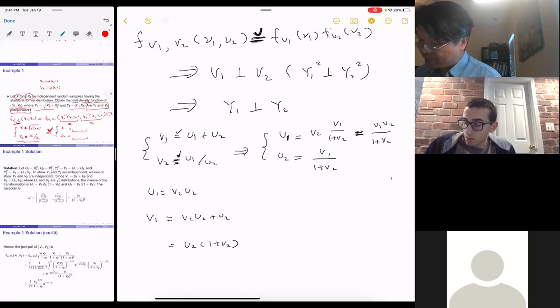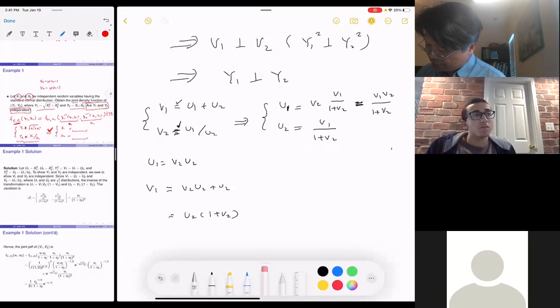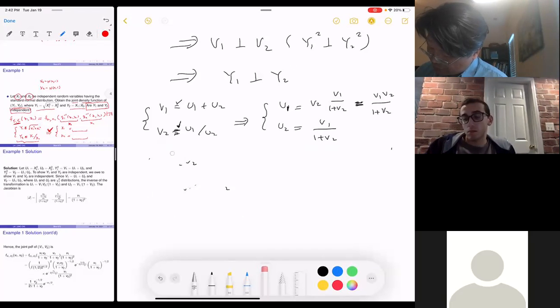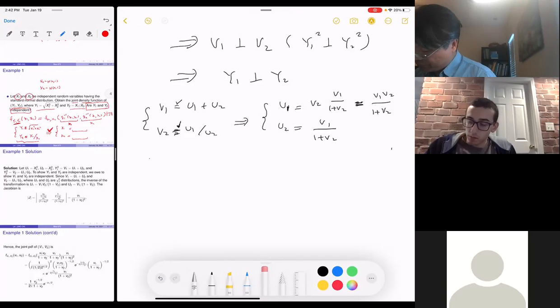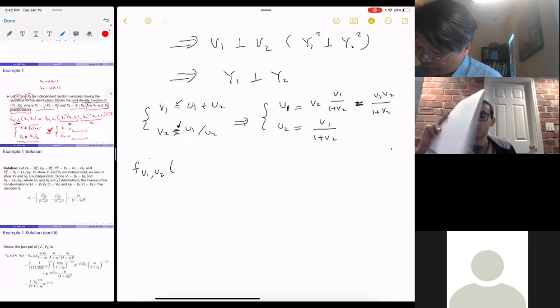Okay, so try your best to derive the right hand side of U1 and V1 and V2. Then you follow the principle, which means I'm trying to derive the joint PDF of V1 and V2.